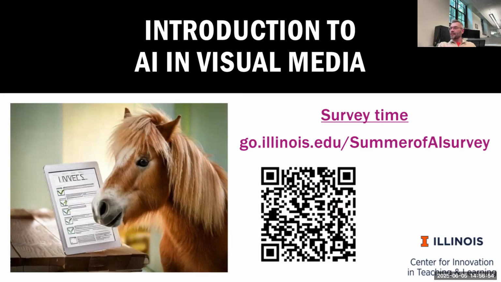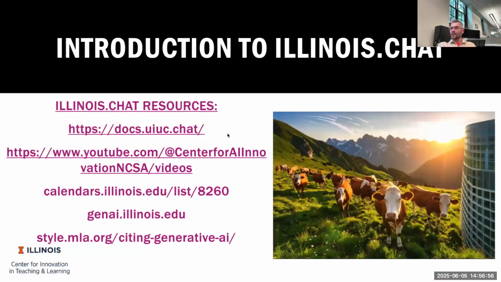And this very last slide, as you are filling out the survey, identifies a couple of Illinois.chat resources. You're welcome to take a screenshot or a photo of this slide. There is a web address for the calendar of Summer of AI events coming up for the rest of Summer of AI, including the July 2nd session on Illinois Chat.